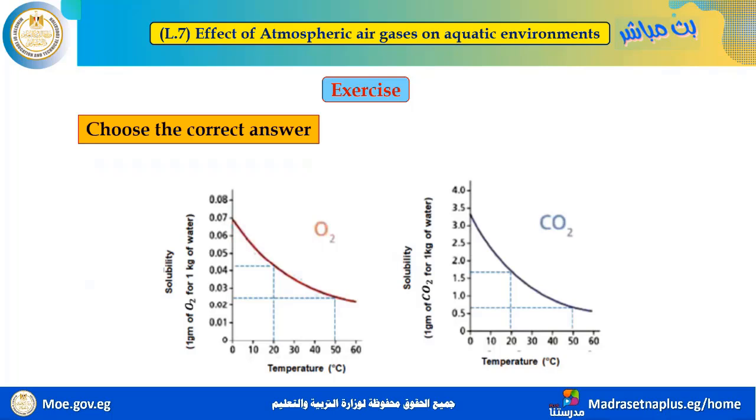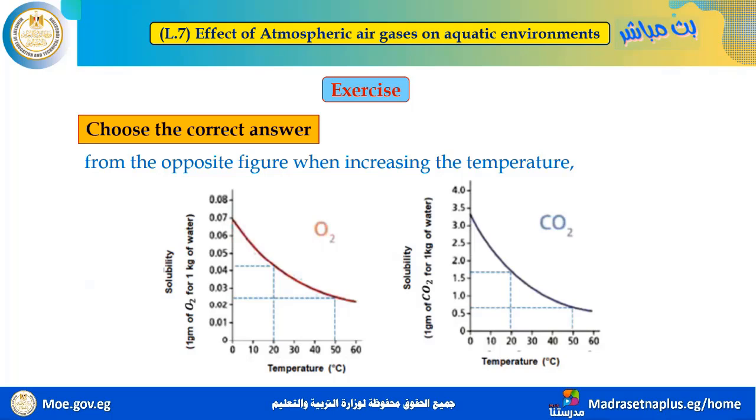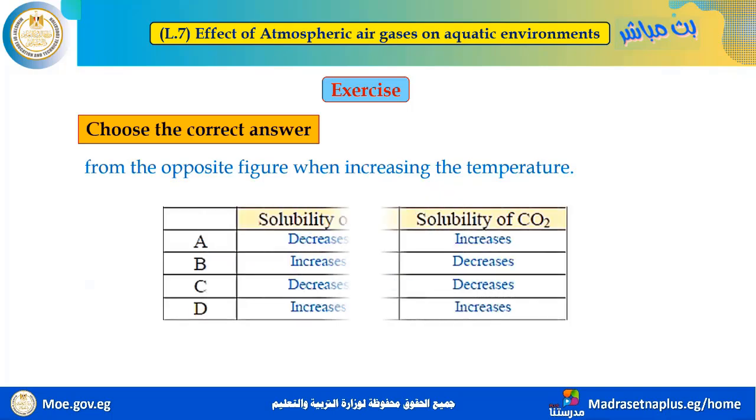From the opposite figure, when increasing the temperature, what will happen to the solubility of oxygen and the solubility of carbon dioxide? Yes, that's good. Both of them will decrease, as you see in the previous graphs.